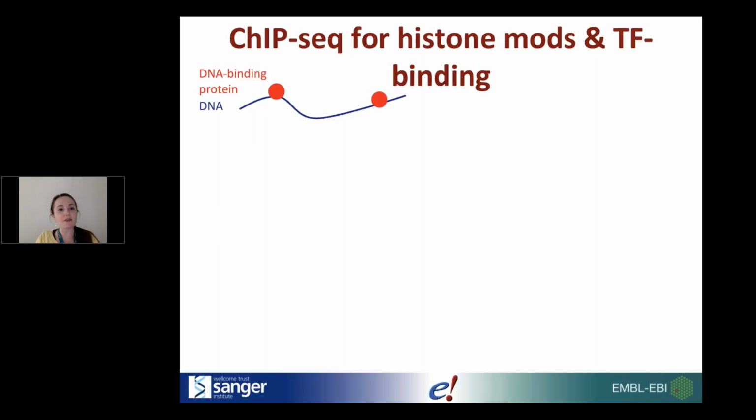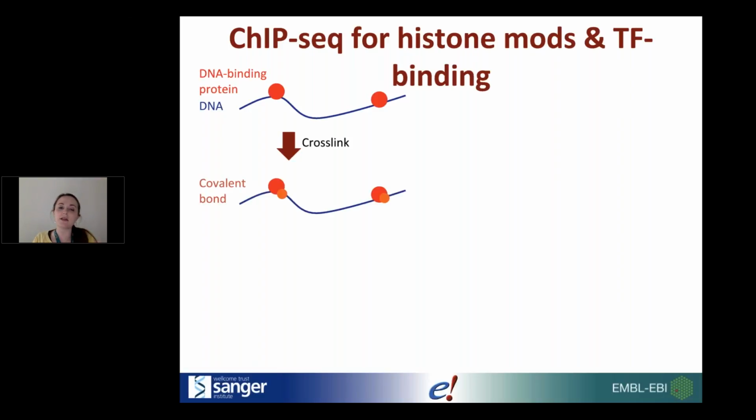So the technique that we use to study both transcription factor binding and histone modification is ChIP-seq. So ChIP-seq is a technique for studying DNA binding proteins, which is what we're talking about here. So if we imagine we've got DNA which is bound to this DNA binding protein, such as a histone with a particular modification, or a transcription factor.